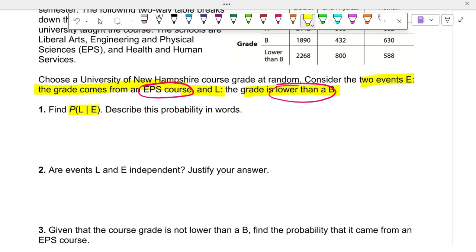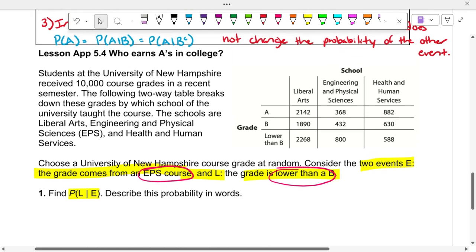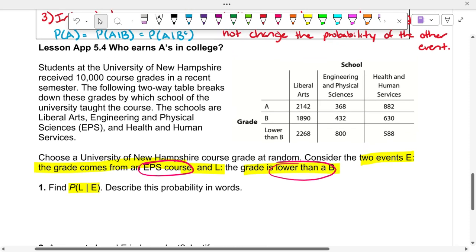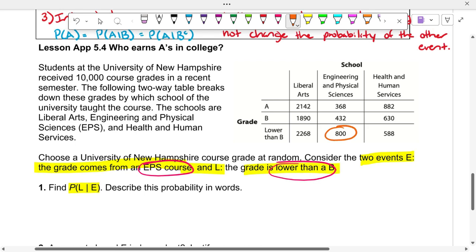All right, so let's go with Sutton. Tell me how to set this up. I got 800 because it's lower than B. And then I added all of the engineering and physical science together, and I got 1600.